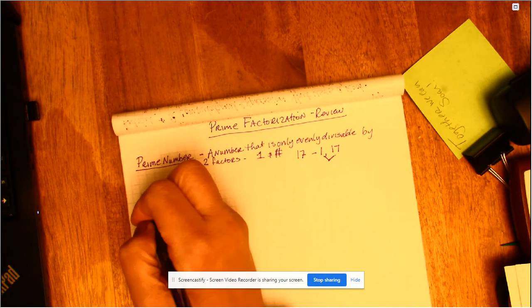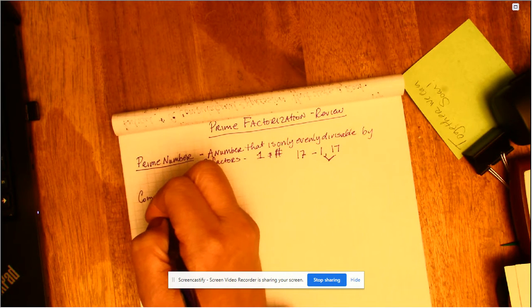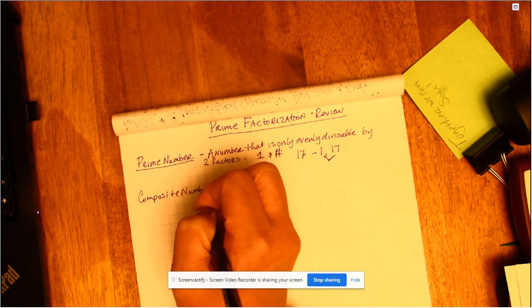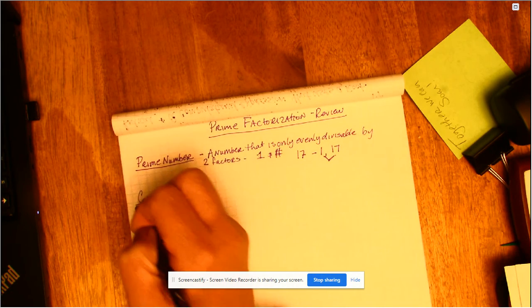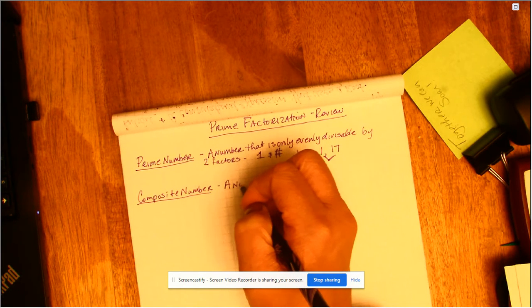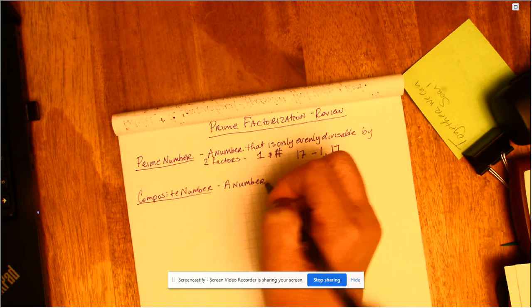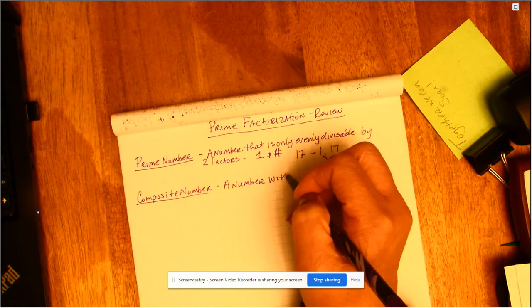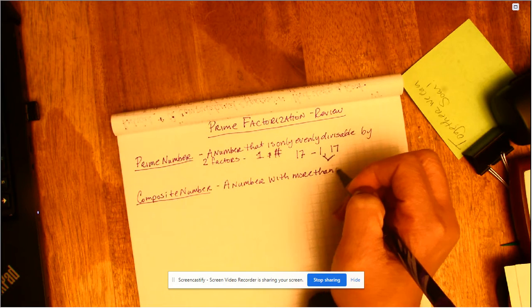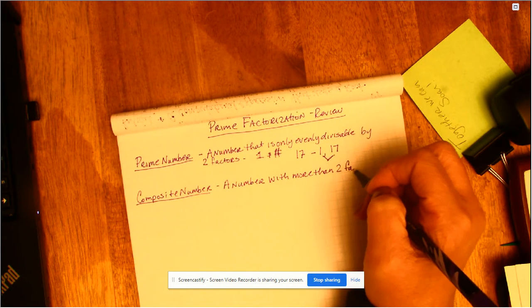The opposite of a prime number is a composite number. And it's a number with more than two factors.